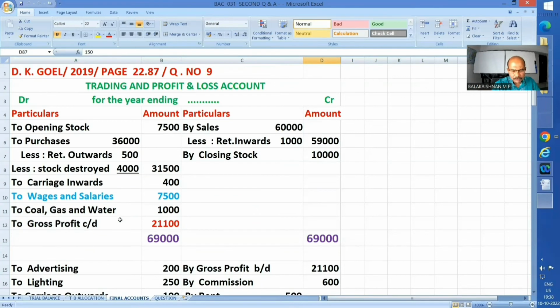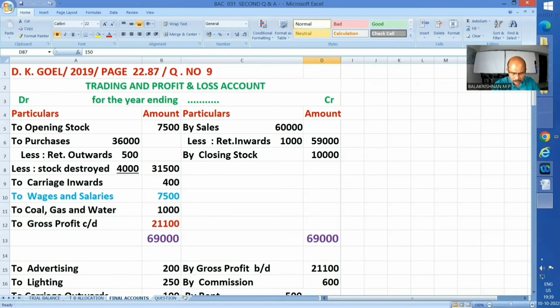Trading and profit and loss account, you are an expert by this time. Only wages and salaries, I have highlighted like this because they are not given as a bifurcation. How much is the wages and how much is salaries? Since it starts with wages first, we will attribute it to the trading account. And purchases, we know that return outward has to be reduced, of course.